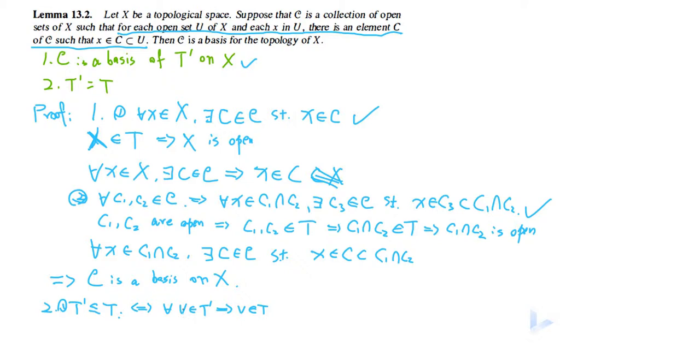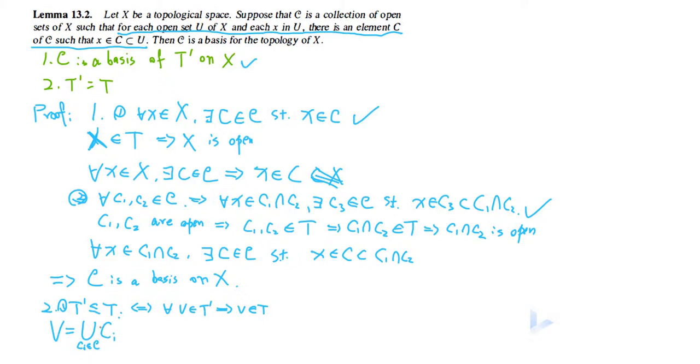Because V is an element of the topology T prime generated by C, V should be the union of some Ci from the collection C, like this. This is true for all V from T prime.